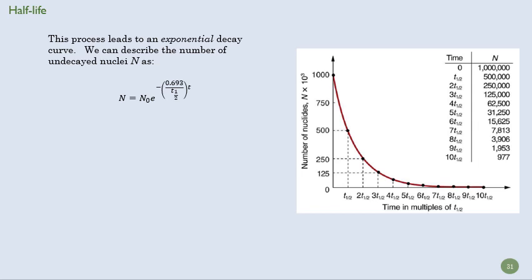So after 2 half-lives, the original amount of nuclei have been cut in half once and then cut in half a second time. And you can see that pattern over here. If you have 1,000,000 nuclei, you're going to have 500,000 after one half-life, 250,000 after the next, 125,000.